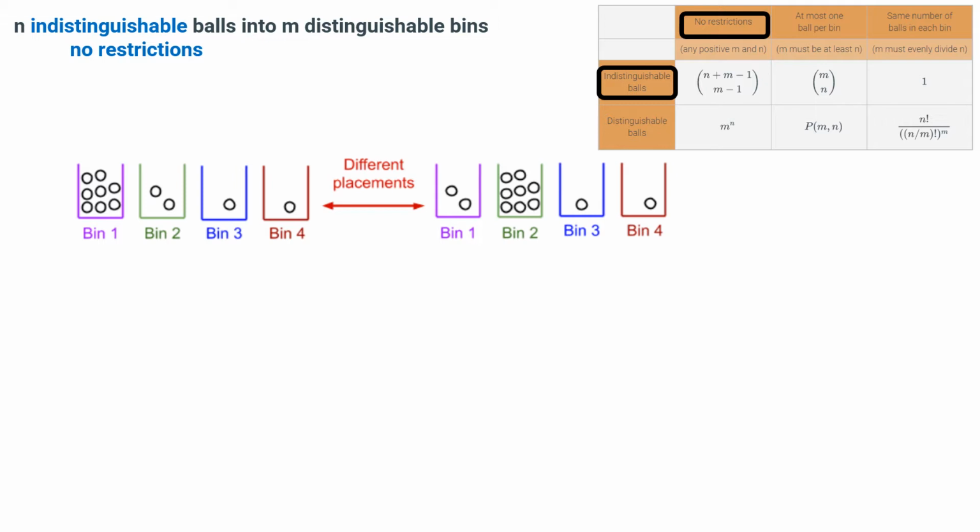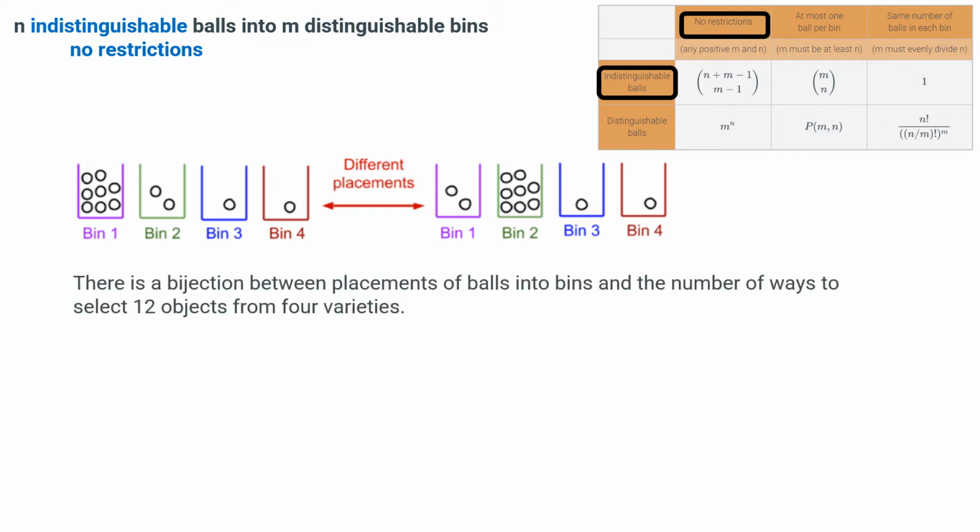It was a bijection for counting multisets, where we choose a certain number of cookies from a certain number of varieties. This is the formula here: n plus m minus 1, choose m minus 1. That's the formula that we saw last time and that we use in several different situations.